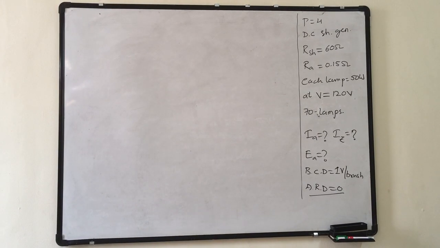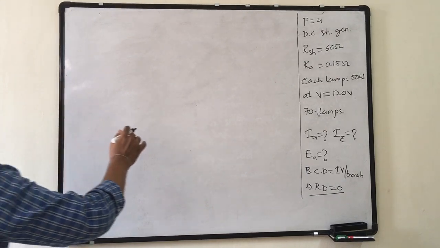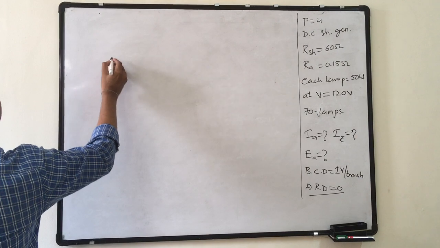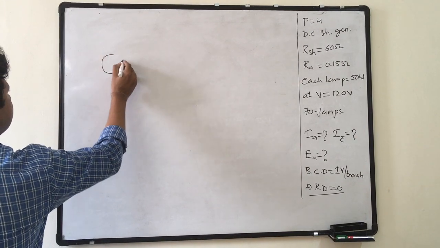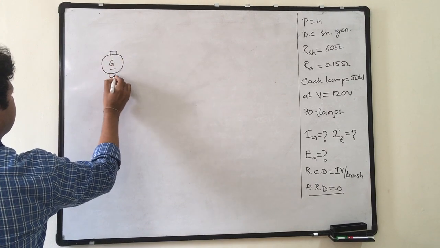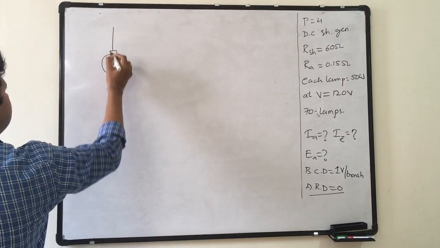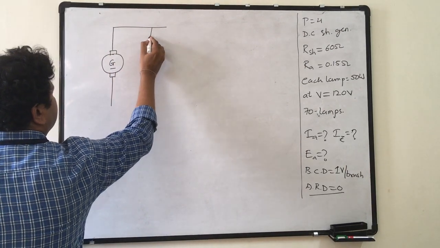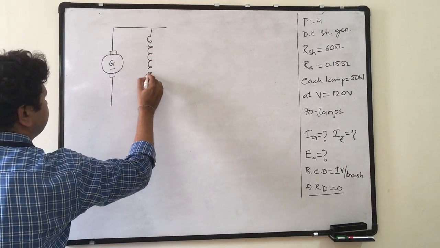Now I will draw the circuit diagram for the given data. It is a shunt generator. So this is the armature, and this is the shunt field.